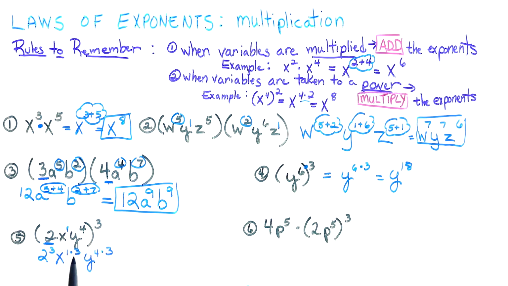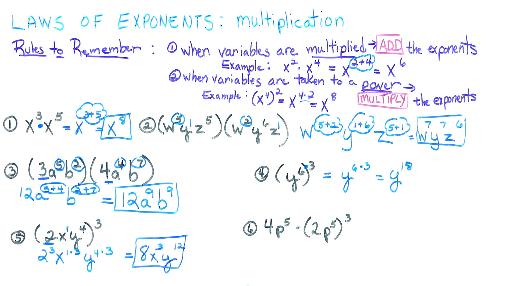Again, this is something you don't have to necessarily write, but we're just getting used to working these problems. So 2 to the third is 2 times 2 is 4, and 4 times 2 is 8. I'm just writing my x. I'm doing my little multiplication. That's a 3. I'm writing my y. 4 times 3 is 12, and that is our answer.